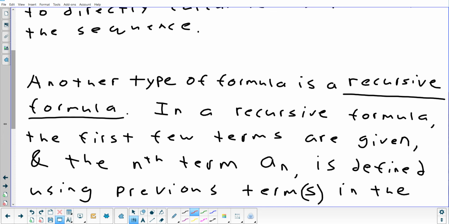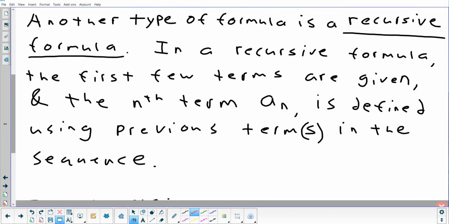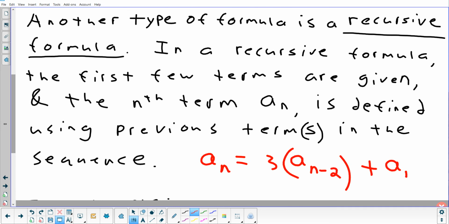Here's a recursive formula that's a little more complicated. To get any specific term, take the term that's 2 before it, triple it, and then add the term that's 1 before it. So in this type of formula, you would have to know the first 2 terms.